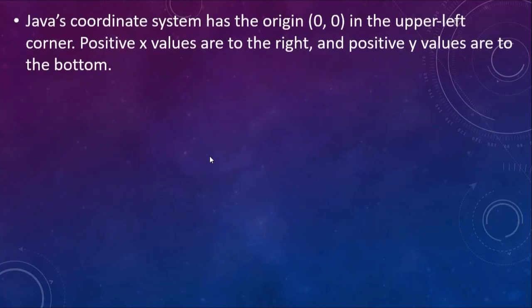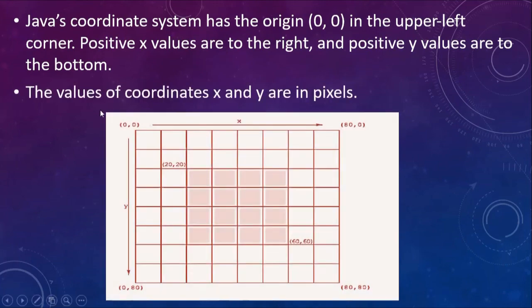Java's coordinate system has the origin 0, 0 in the upper left corner. As you can see, if this is the applet, the upper left corner of the canvas is 0, 0. Positive x values are to the right, and positive y values are towards the bottom.